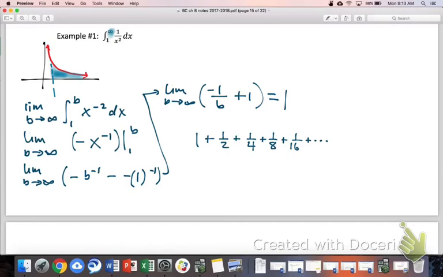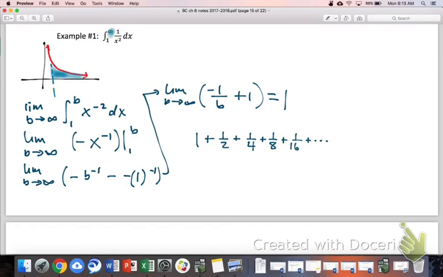And so if you start to add this up, let's just informally do this. So obviously 1 plus 1/2 is 3/2. You had 3/2 plus 1/4, 7/4, right? 7/4 plus 1/8 would be 15/8. 15/8 plus 1/16 would be 31 sixteenths.